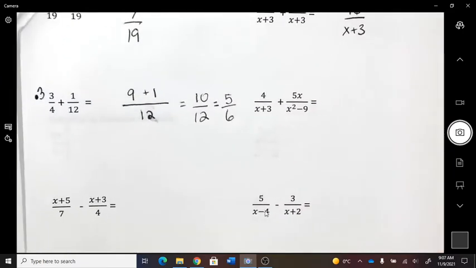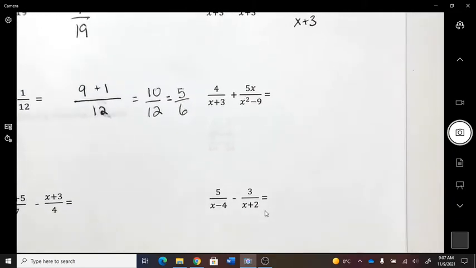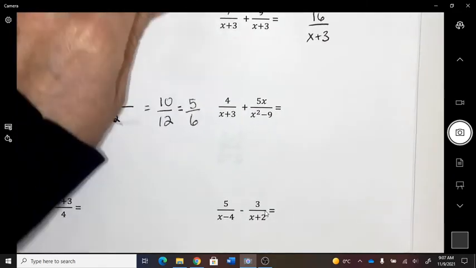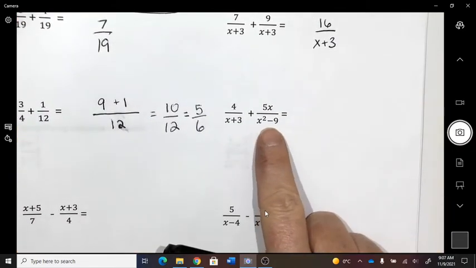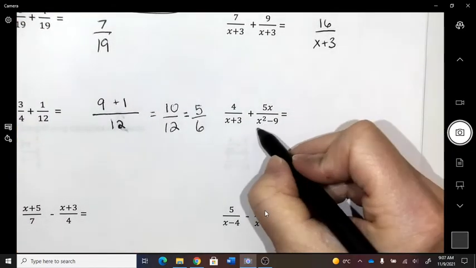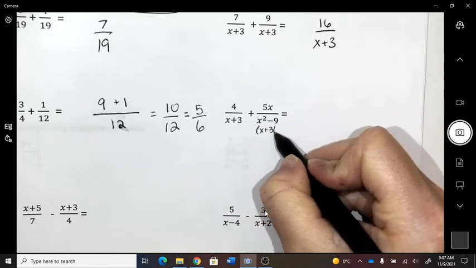Okay, how do we transfer that over to this question? Okay, so the first thing I'm going to do here is factor this. So it's a difference of squares.